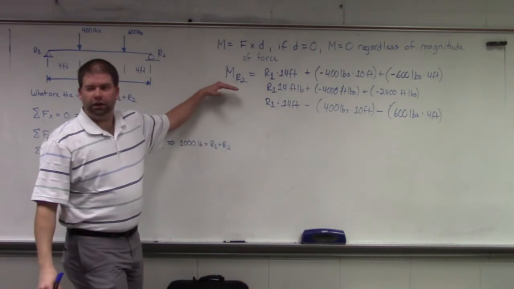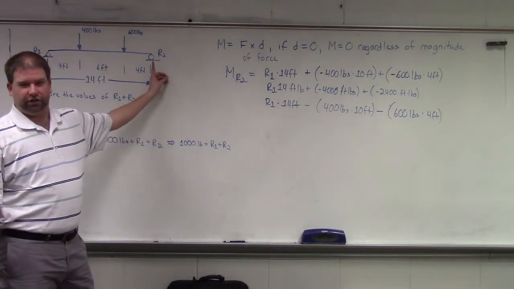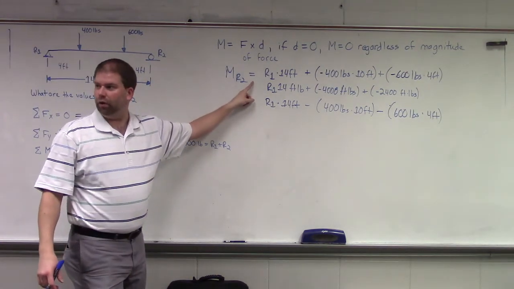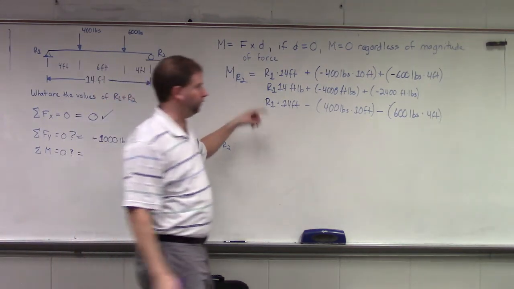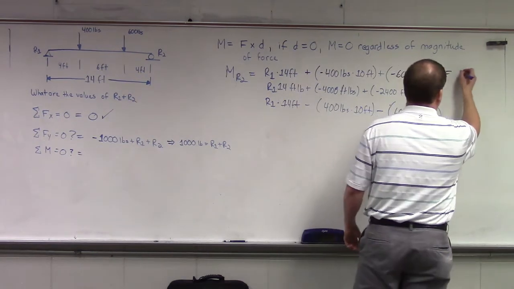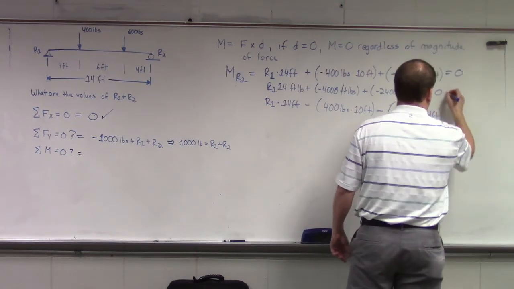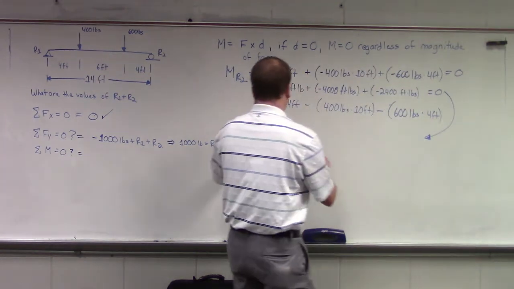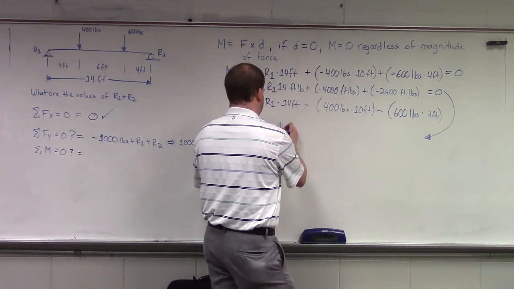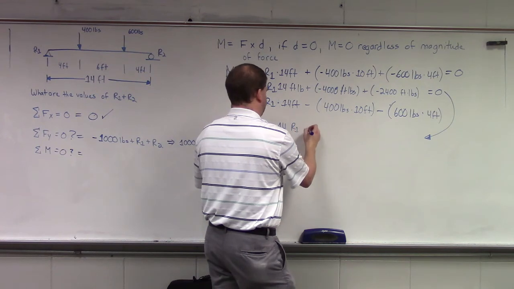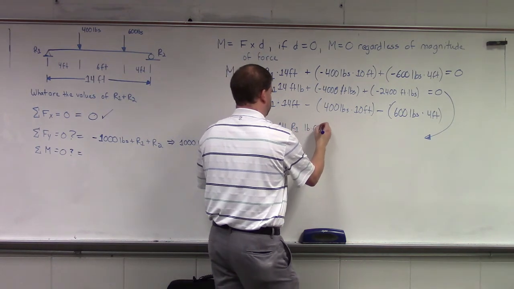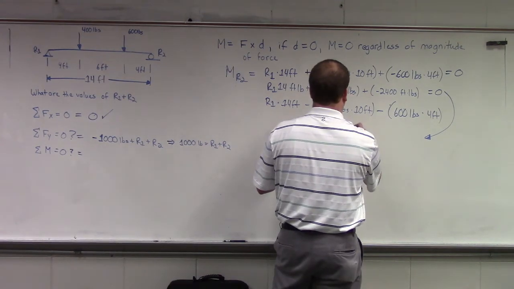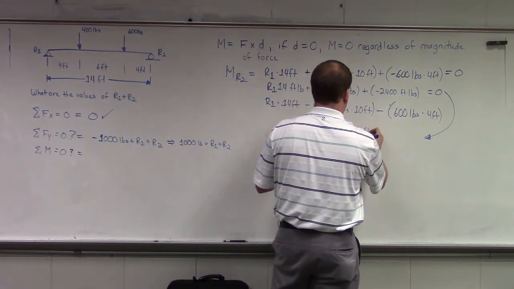And so, in order for this reaction to stay in its place, what does this equation have to equal? Yeah. It has to equal 0, right? So then, could we also say that 14 R1 pound-feet equals 6,400 pound-feet.